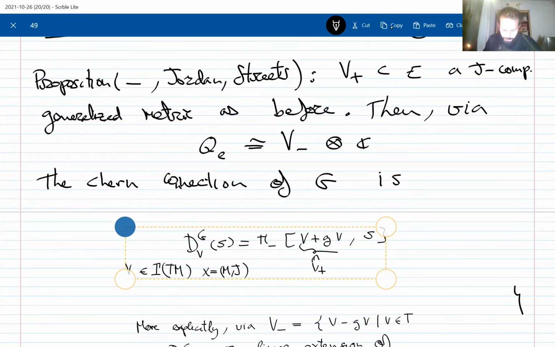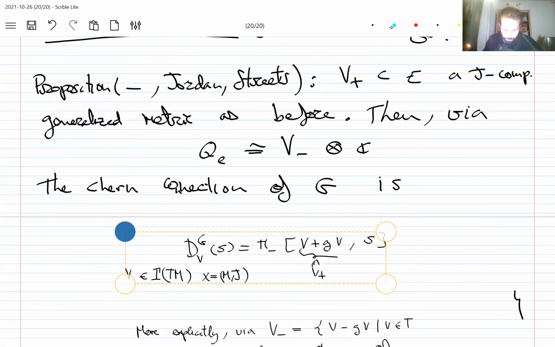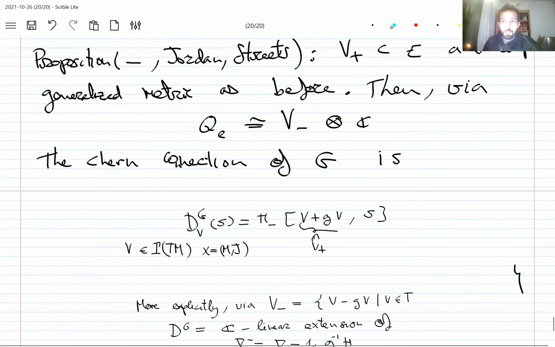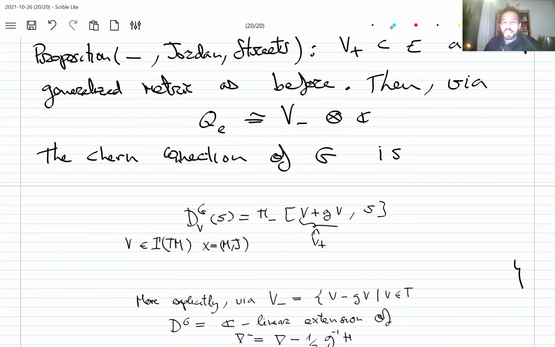What I wanted to say is that this calculation of the Chern connection pops out just naturally from the construction of the holomorphic Courant algebroid. So what do we need to check for this to be the Chern connection? Well, this d^G needs to be compatible with the unitary structure, so compatible with the Hermitian metric.